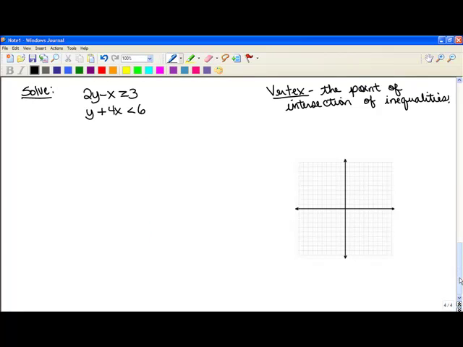Now we'll take a look at one more problem. In this problem, we have a system of inequalities. Notice that we have 2. So what we'll do here is take each inequality and solve for y. On the first inequality, we'll add x to both sides.